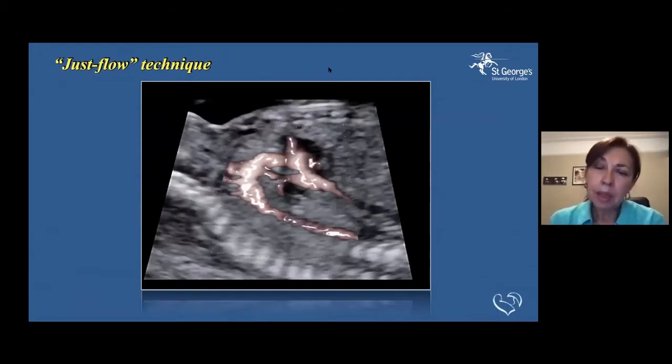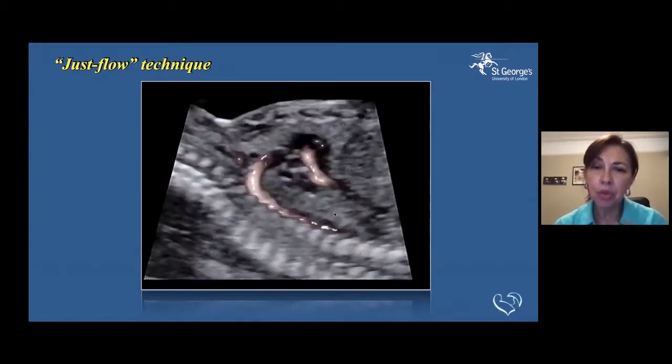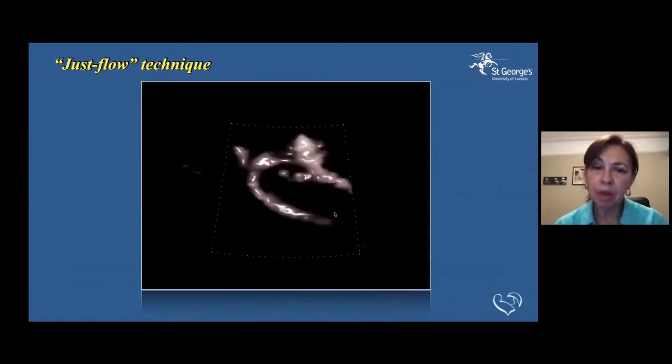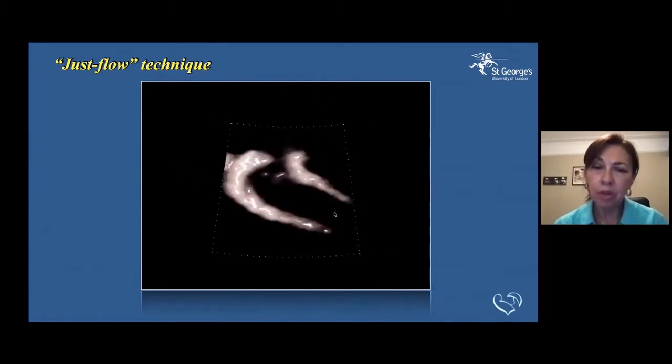Now, another aspect that you might have seen before, because I've been using it for a long time, is something I call the just flow technique. And I prepared this clip to show how easy it is to do that. You can see here a nice E-flow image of the aortic arch, but the boundaries of the vessels could still be better. So one way of improving that is to reduce slowly, progressively, the gain through the cross-sectional image.